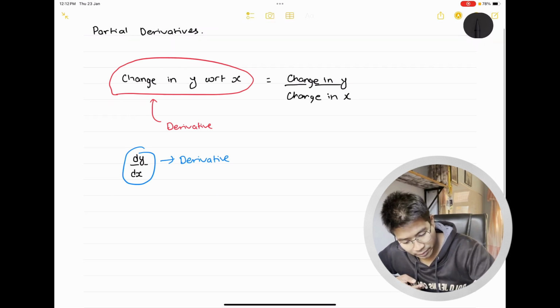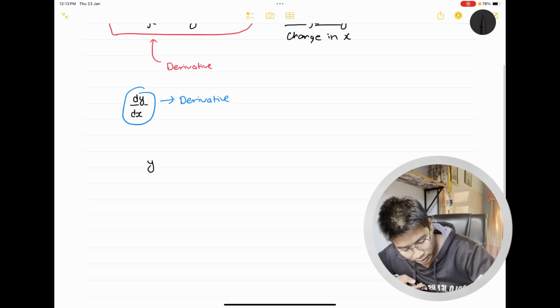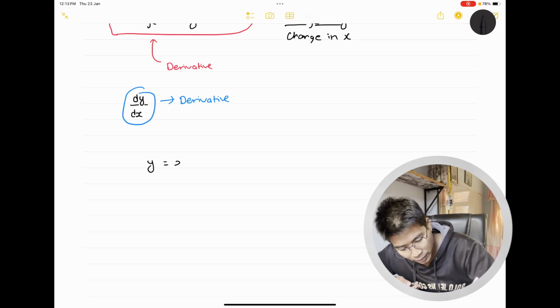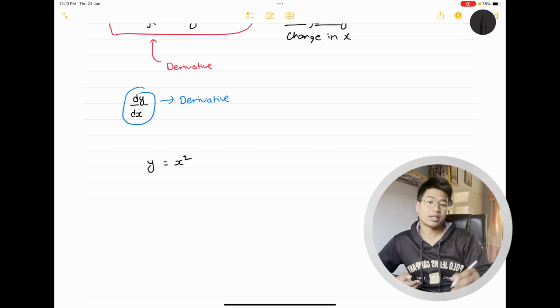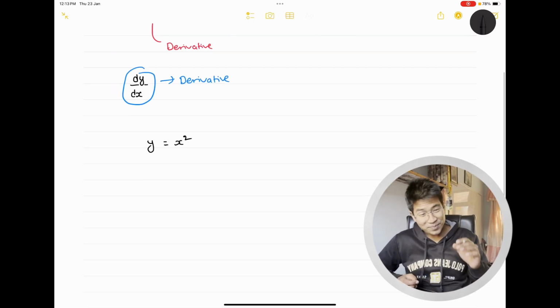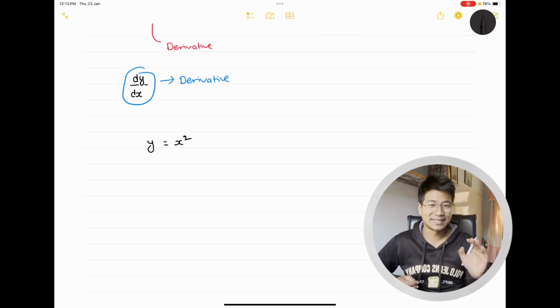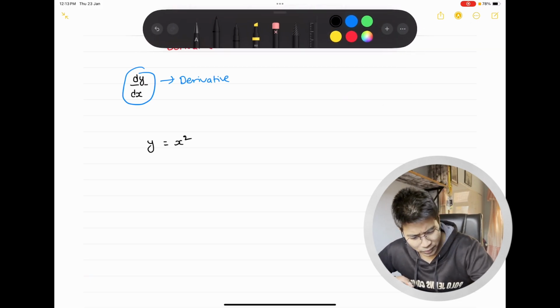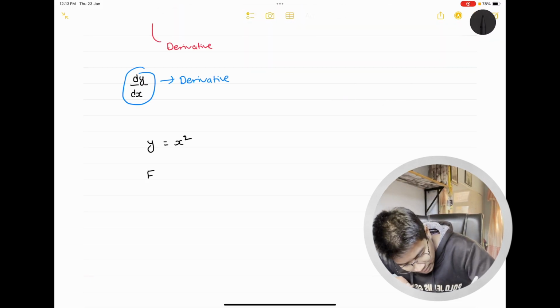Okay, and if you remember, the reason we have that y and x was because we were computing it for y is equals to x squared. Okay, so let's go back to Isaac Newton and look at the second law of motion, which is F is equals to ma.